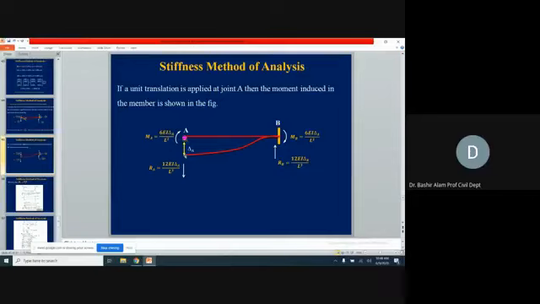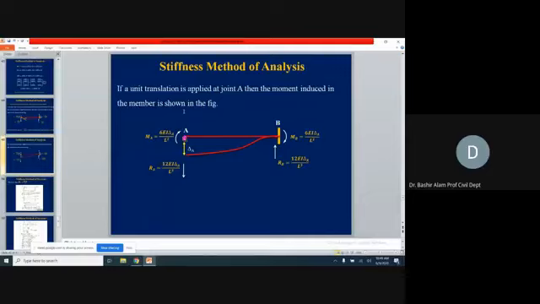And because of some force, it will try to come back. So that action should be in clockwise direction to bring it back. If it is in the counterclockwise direction, it will take it even further away from this support A. So it is coming back because of this action which is in the clockwise direction. This way we assume its direction.